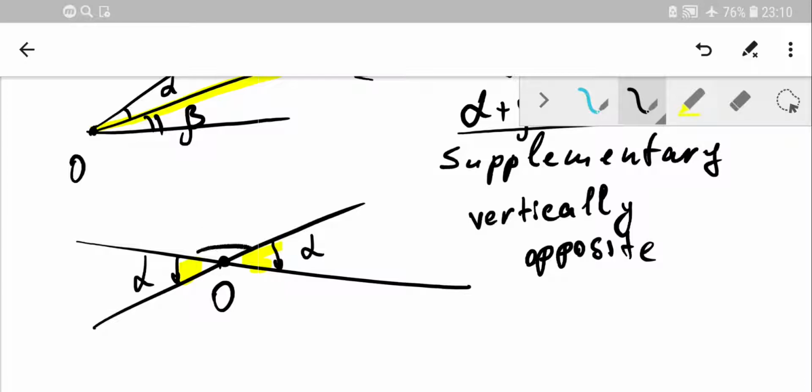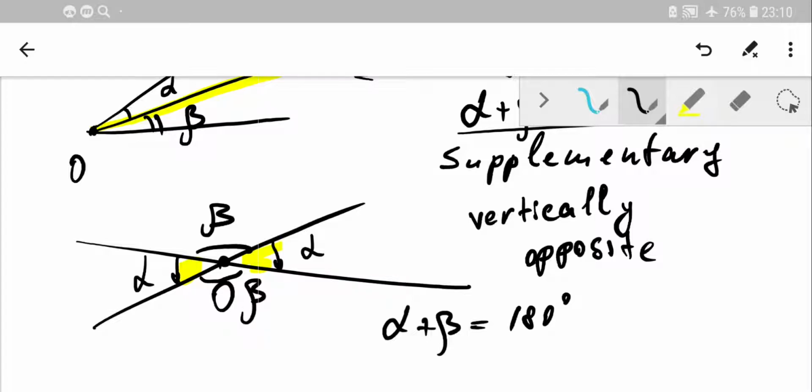And here you can also apply the previous rules about supplementary angles, because if you add alpha and beta, you get a 180 degree angle, or open angle. So this angle is also going to be beta, due to vertically opposite angles.